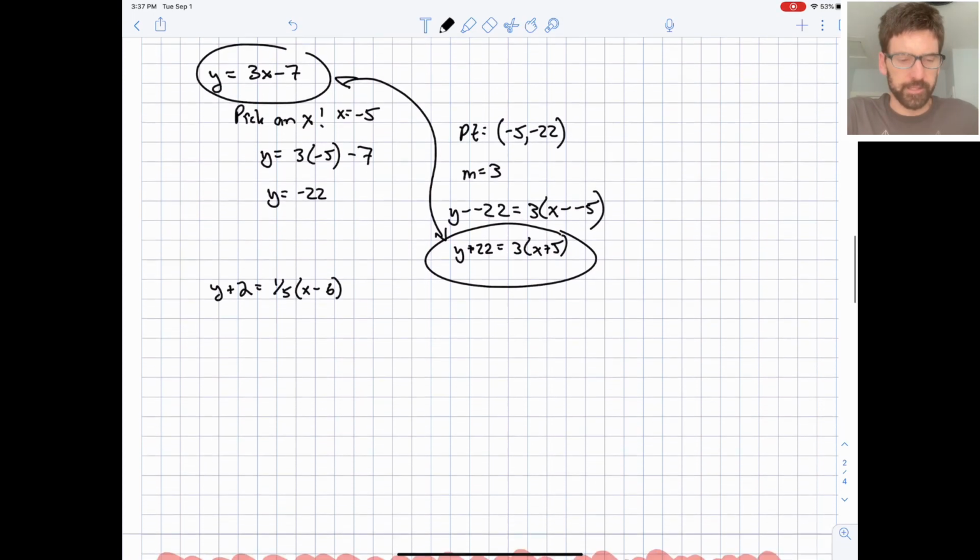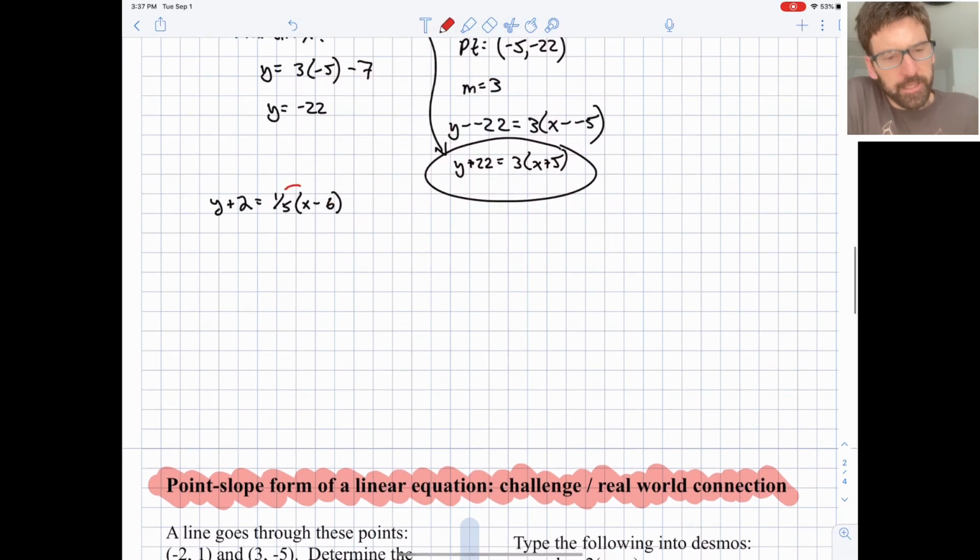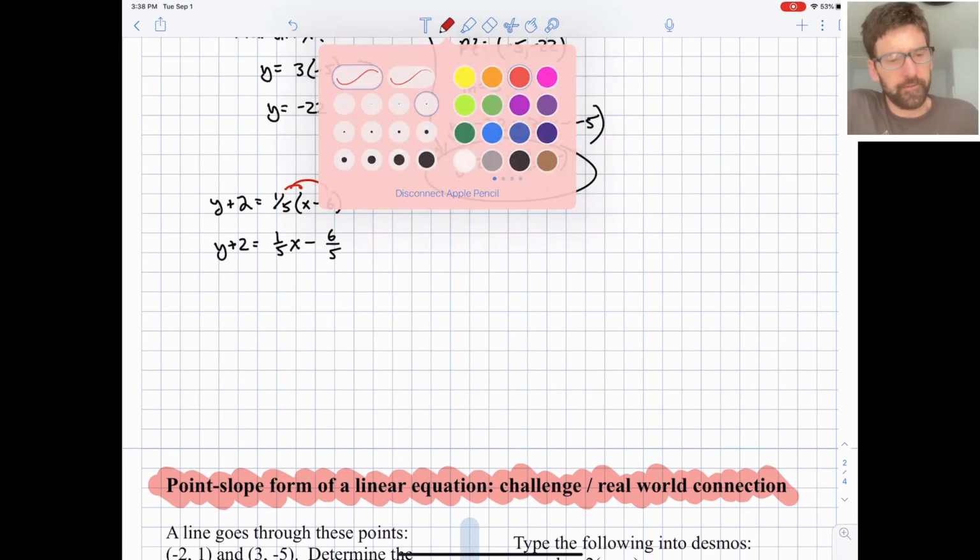Let's go in reverse. So let's take a line in point-slope form and put it into slope-intercept form. The way to do that is to distribute the slope through the parentheses. So we'll get y plus 2 equals 1/5 x minus 6/5. And then let's subtract 2 from both sides.